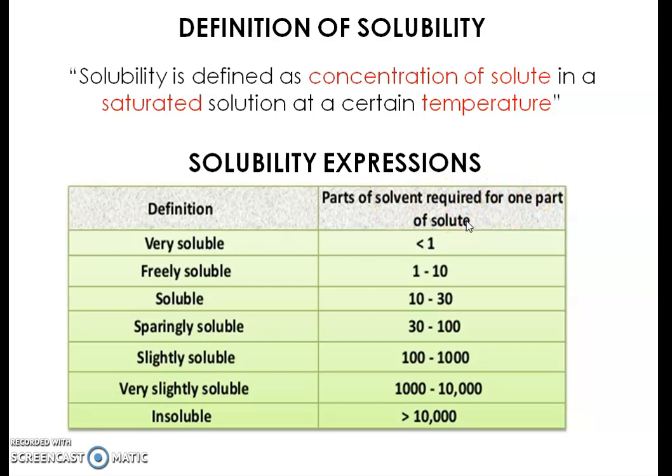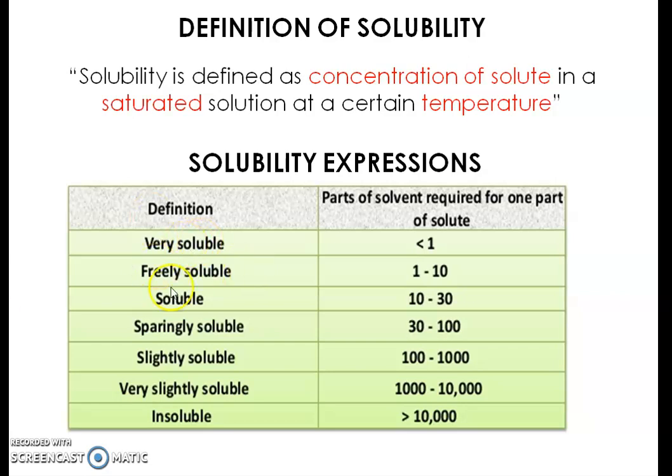So when we say the solute is very soluble, then that solute requires less than one part of solvent for its dissolution. For example, if 1 milligram of substance requires less than 1 ml of solvent, then we can say that it is a very soluble solute, or the solubility of that solute in that solvent is very soluble.